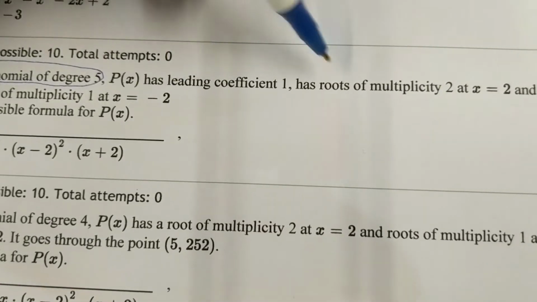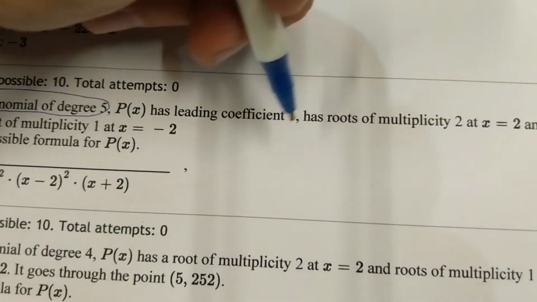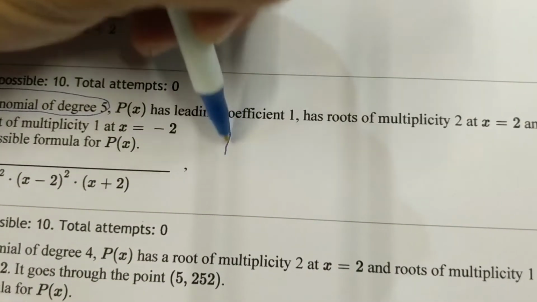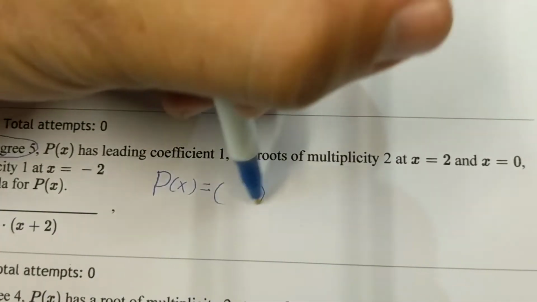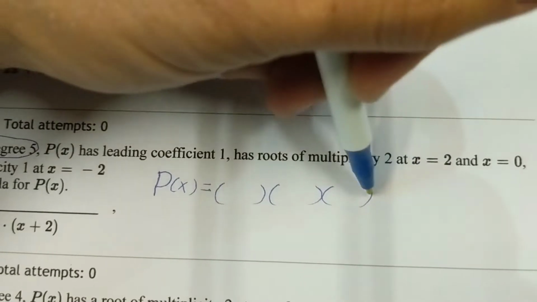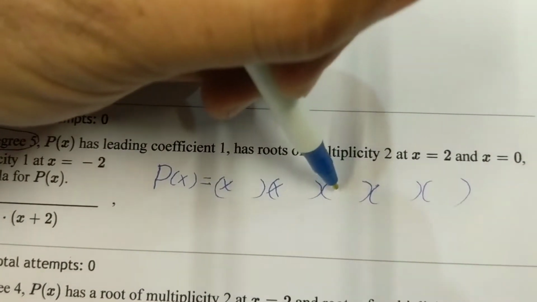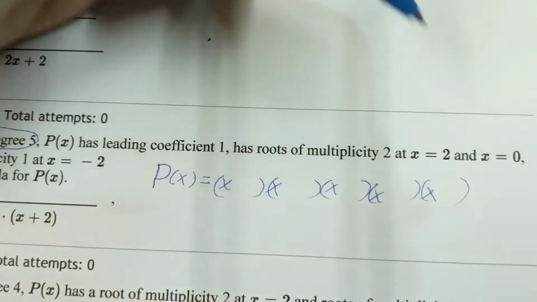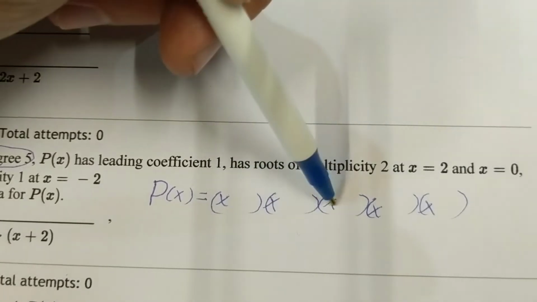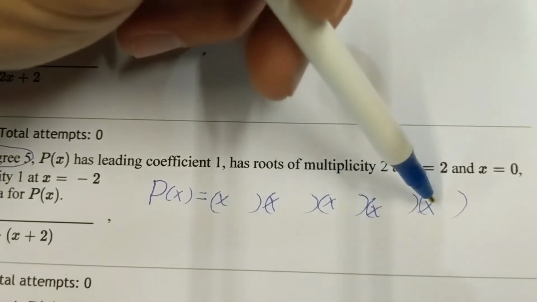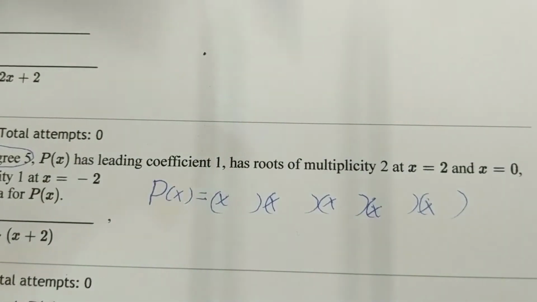If we're to be constructing this from zeros and roots, essentially what we'll be looking at is p of x will be equal to something like 5 factors maybe, each with an x in it, x plus this, x plus that, x minus this, so that by the time I times them all out, it's x times x times x times x times x. That's 5 of them, which would be x to the 5 or degree 5.